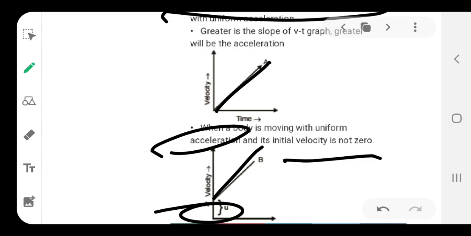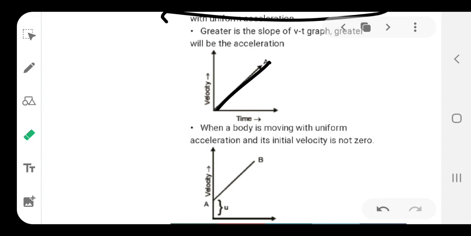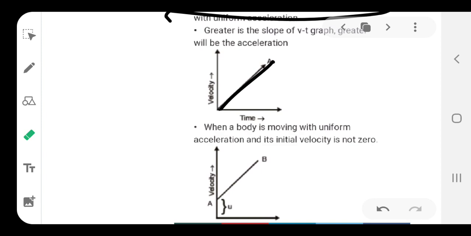It has some initial velocity, called u, and in that case the graph projection is somewhat different. So, these are some types of velocity time graph.